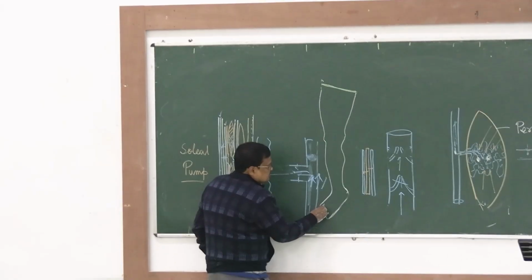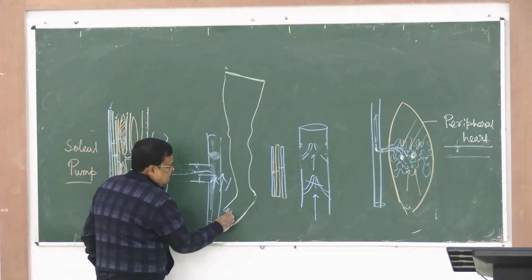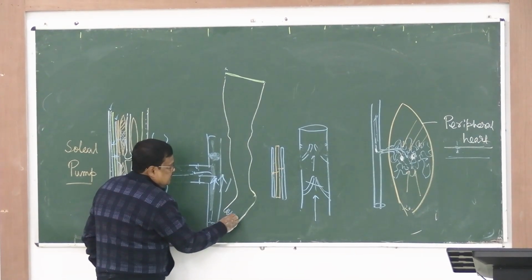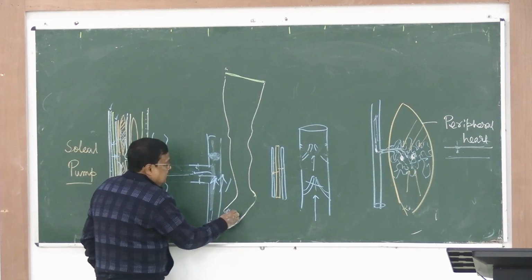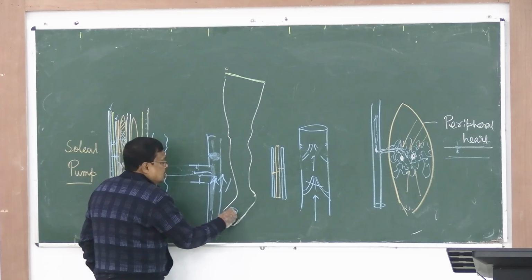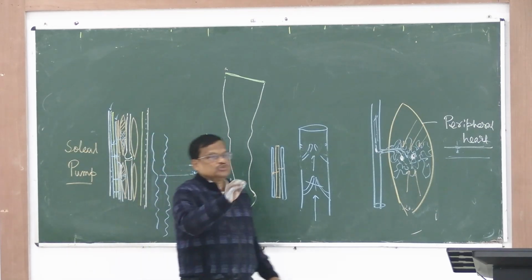These are the digital veins, one on either side of the toe. And ultimately these digital veins join with one another to form a venous arch.